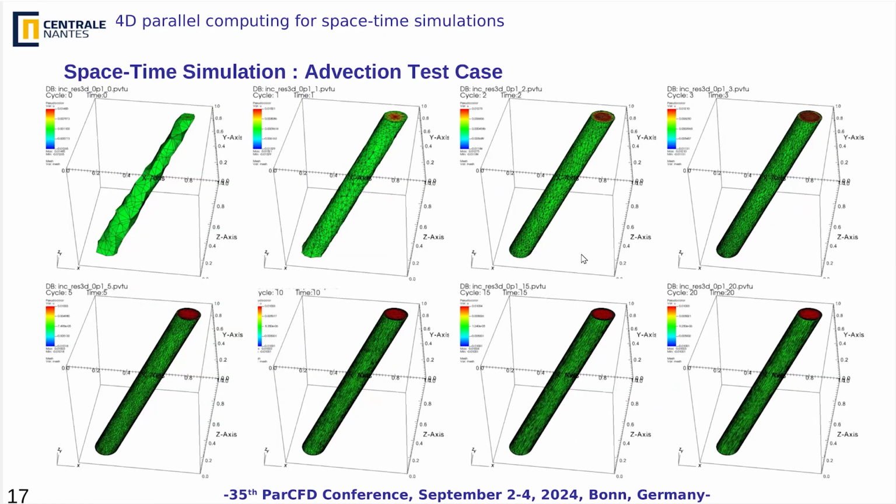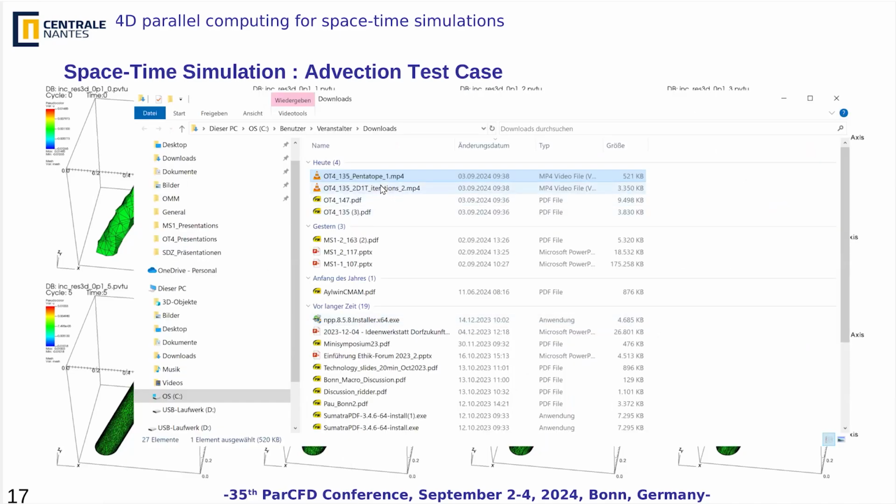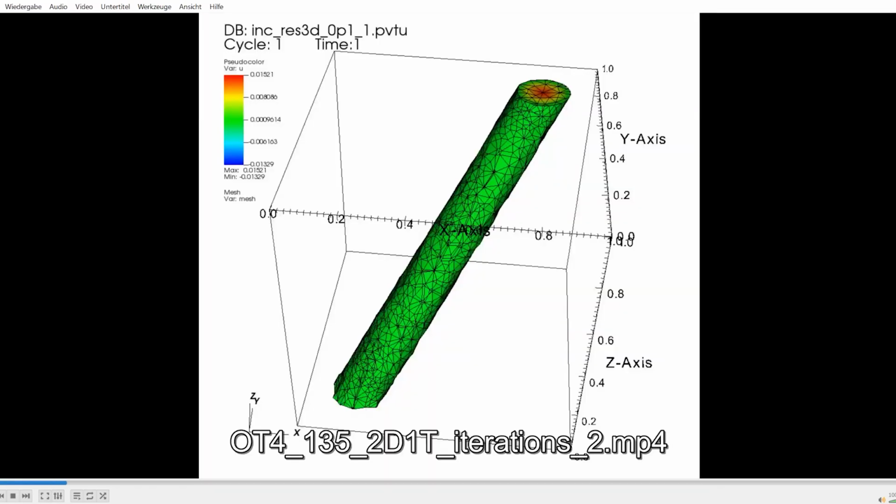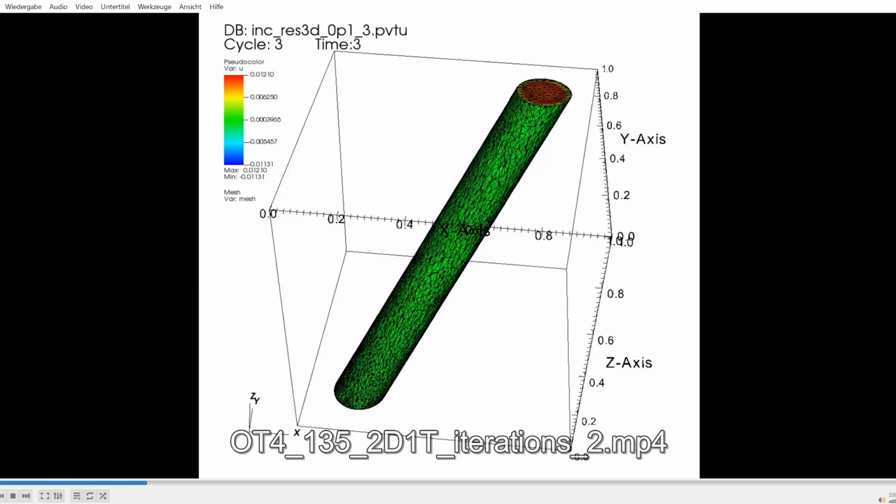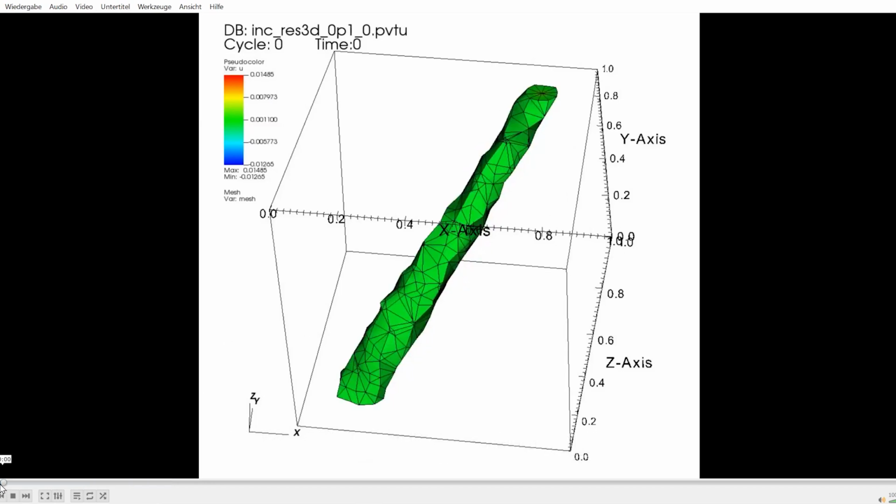So maybe here, the video is to show you the different iterations across the time. So the first one, maybe if you can make a pause at the first one. Here we start with a coarse mesh, 3D mesh, but it's 2D and time. And we run the space-time solver, and we obtain this.